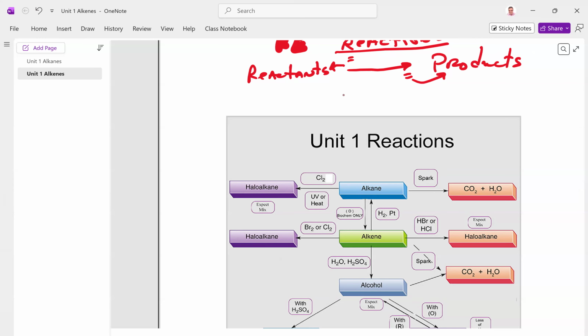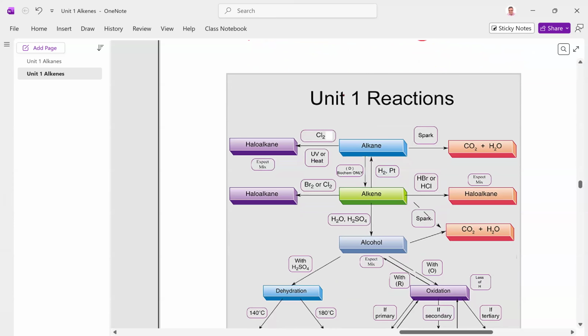So, starting with an alkene here, right in the middle here. Okay, in certain situations, the alkene is the tail of the arrow. Sometimes it's the head of the arrow. Sometimes it's a reactant, sometimes it's the product.